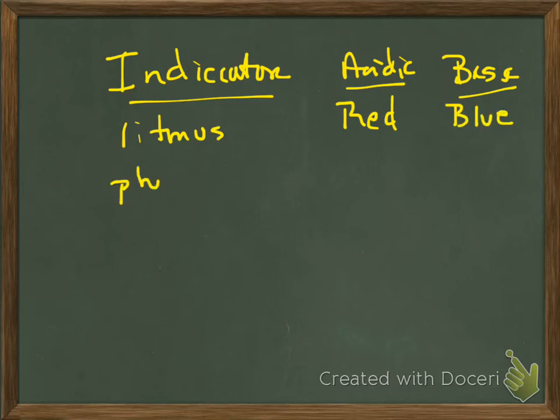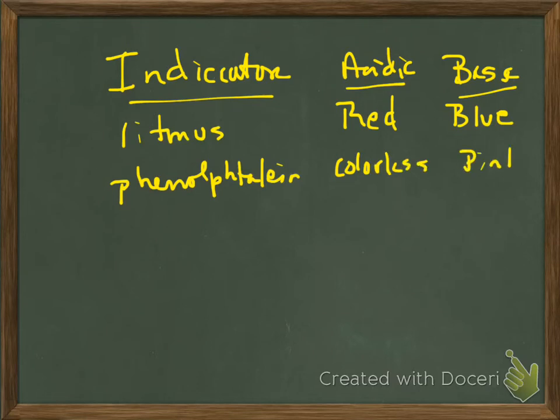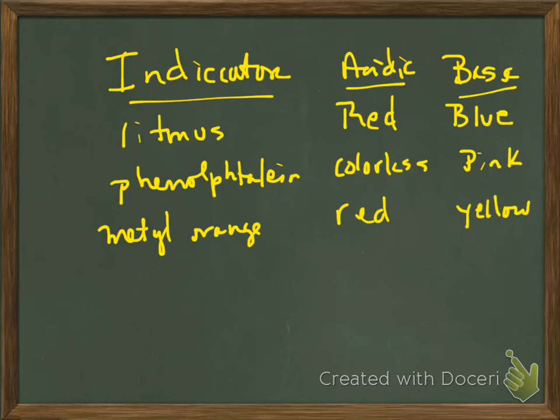For phenolphthalein, in acid it is colorless, in base it is pink, and we did use that when we did titrations in class. Methyl orange is red in an acidic environment and yellow in a basic environment.